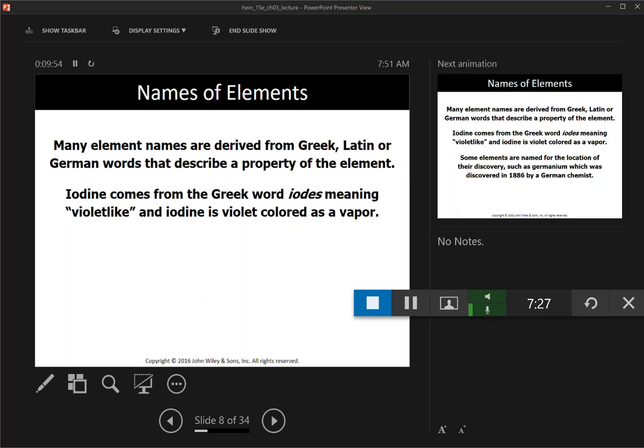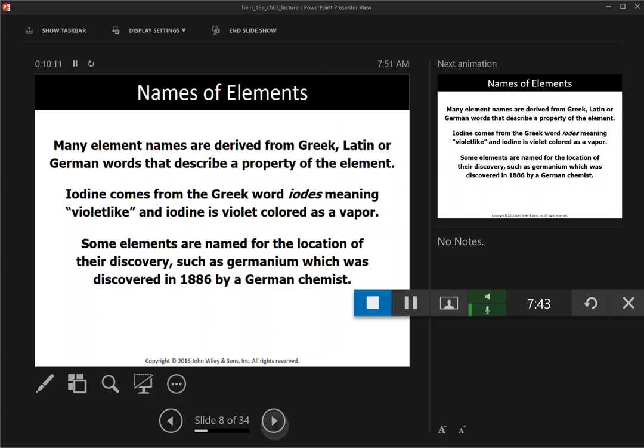For example, the symbol for iodine is I, and the reason we call it iodine is because it has a purple color, and in Greek, the name iodus represents iodine.